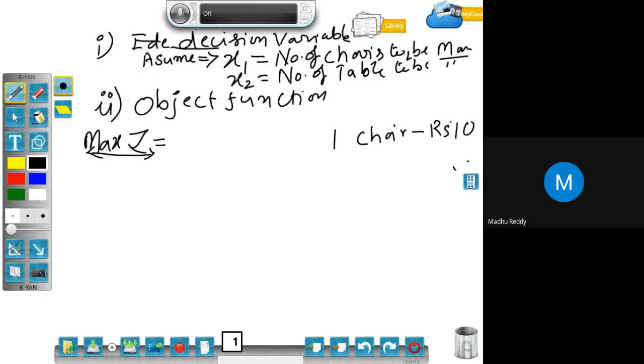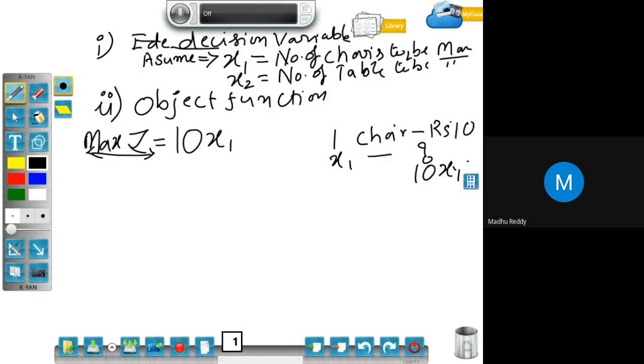It's x1. Yes. So for one chair we get 10 rupees. What will be the total profit on x1 chairs? How much will it be? 10 into x1, 10x1. 10x1 is the total profit on the chairs. So it is a maximization function. The maximum profit we can get on chairs is 10x1.